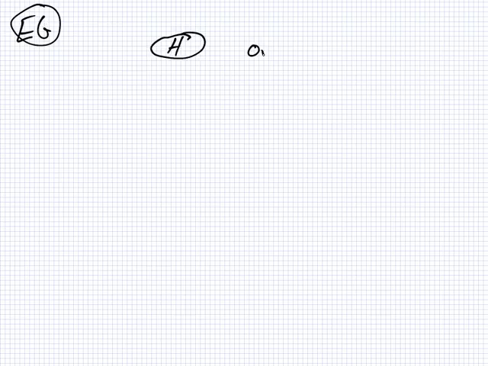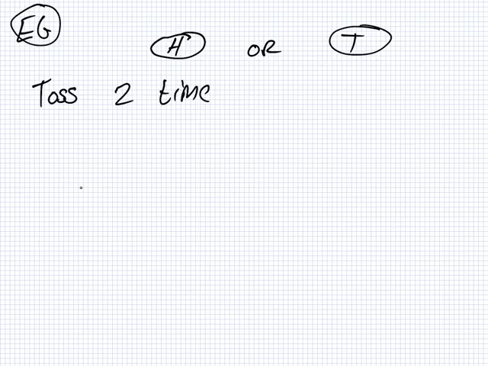So, as an example, we'll say we have a coin, and the coin has two possibilities. It could be heads or it could be tails. So we imagine that we toss it 3 times. Well, let's just do 2 first to make it smaller. And here I want the sample space.